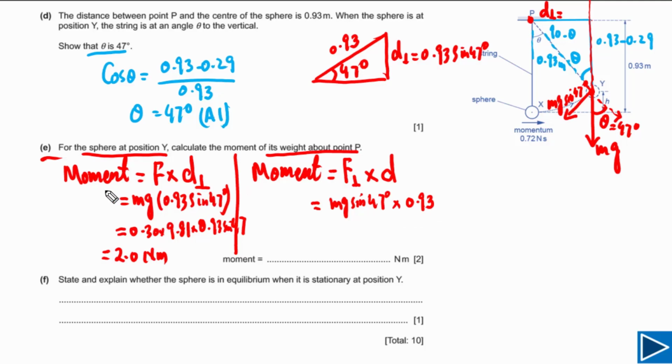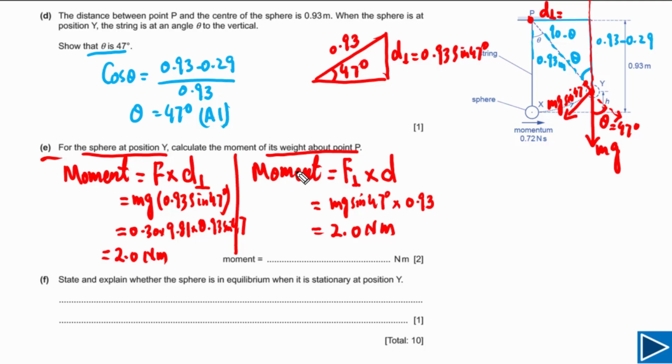Now you can see these two are the same. So if we solve this, our final answer will also be equal to 2.0 Newton meters. So this is the answer. So we have two approaches. You can resolve distance into its components, or you can resolve force into its components. Your answer will be the same.